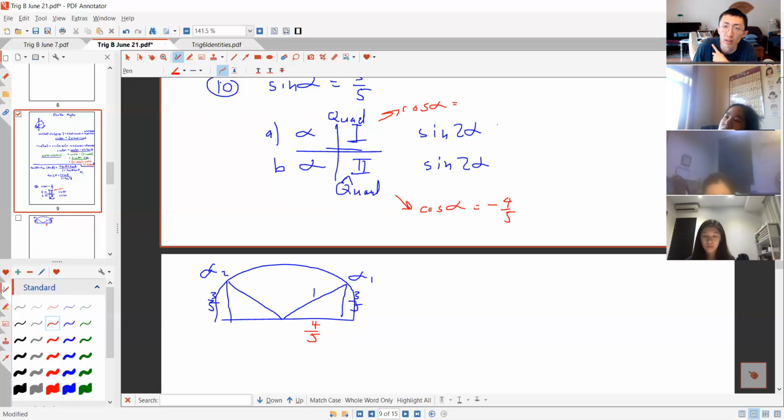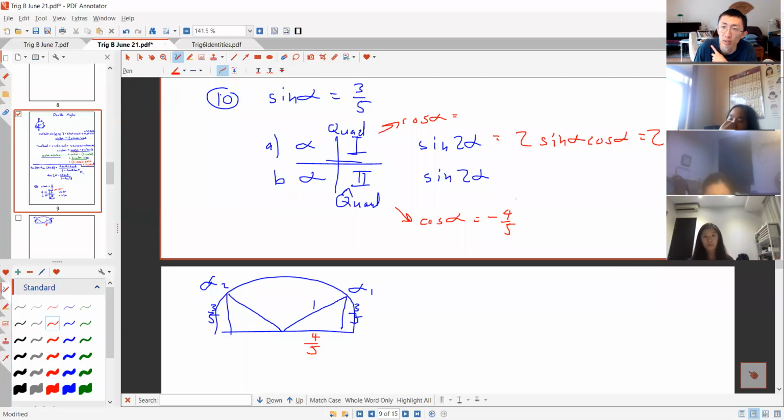So the sine double angle formula was 2 sine alpha cosine alpha. So that's 2 times sine is 3/5. That's given. And the cosine here is positive if it's in the first quadrant, so this would be 4/5.